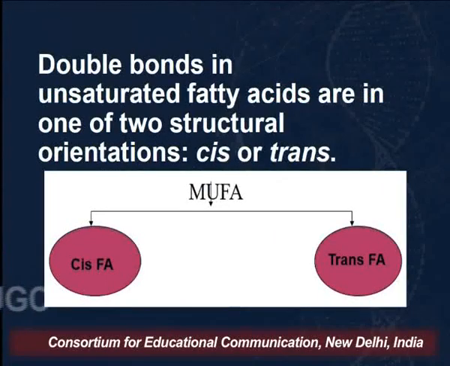So I've just discussed a few examples of monounsaturated fatty acids with you. There are more monounsaturated fatty acids available, but due to shortage of time we are not able to discuss all, but I have discussed the three important ones. Now we go on to double bonds in unsaturated fatty acids.